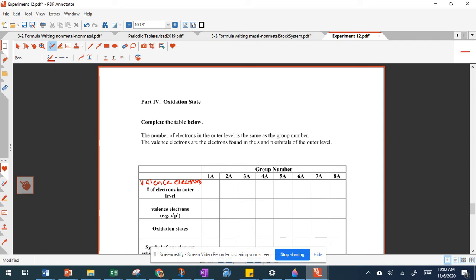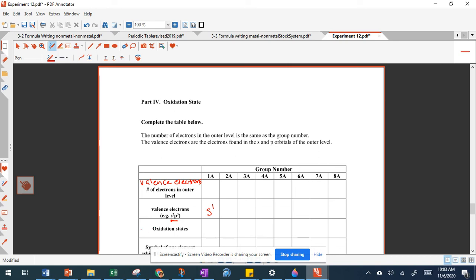The next thing is you're going to write the general configuration for the valence electrons in each of those groups. For example, if we look at group 1, we know that since it's in the S block, in the first column of the S block, the valence electrons would all be S1. So we're not including here the period number or the energy level number. We're just looking at the valence electrons. Remember, you're looking at S and P.